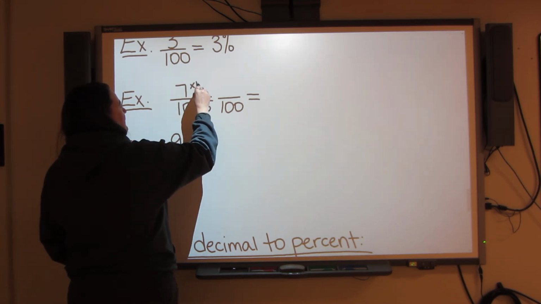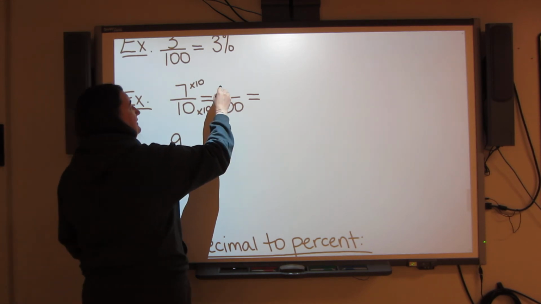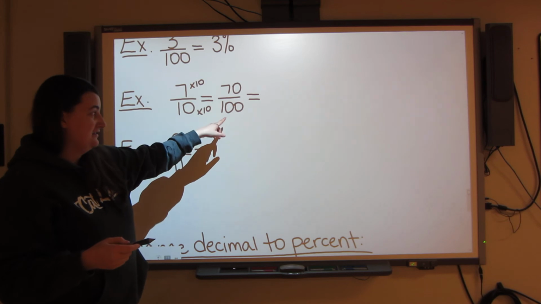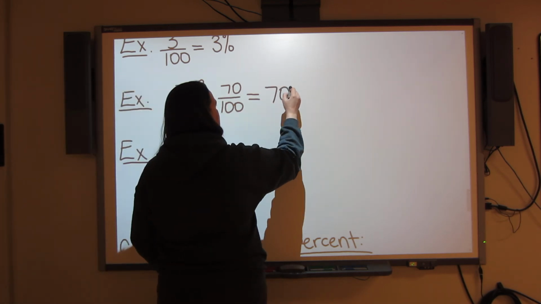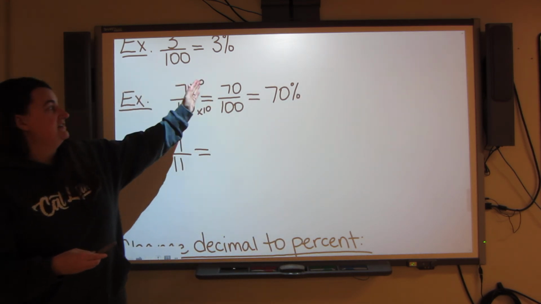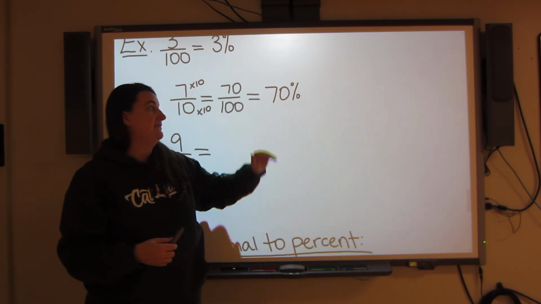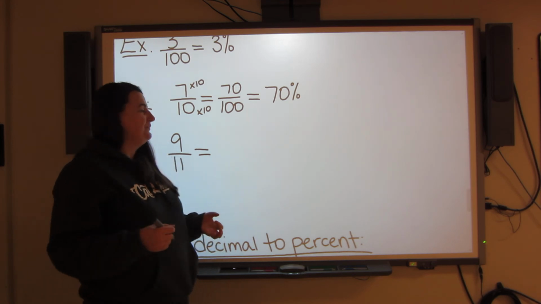Whatever you do to the bottom, you have to do to the top. So 7 times 10 is 70. Now that I have a numerator with a denominator of 100, I take that numerator and that's my percent. So 7 out of 10 changes into 70 out of 100, which changes into 70%. But they all represent the same value.